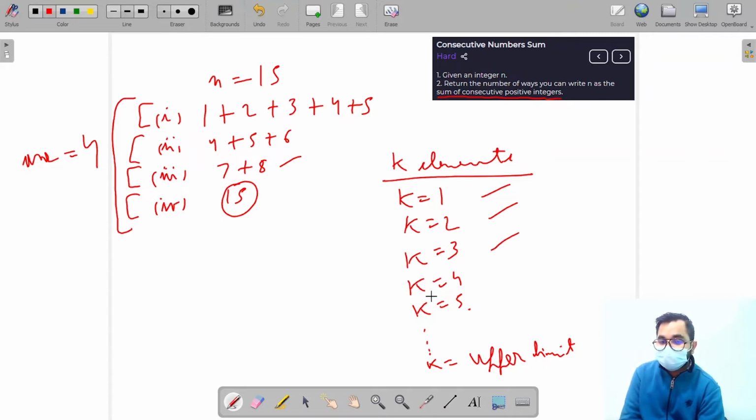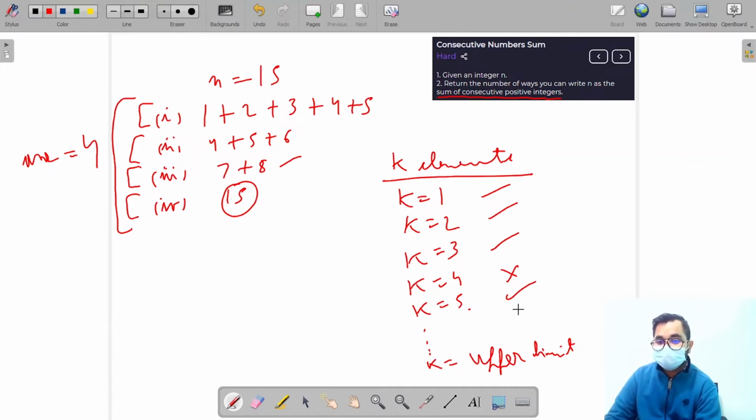Can we do it for a four-integer sequence? No, we can't. Can we do it for a five-integer sequence? Yes, we can. So like this, if we choose that many elements, does any sequence exist with their sum as 15? I just need to check that.